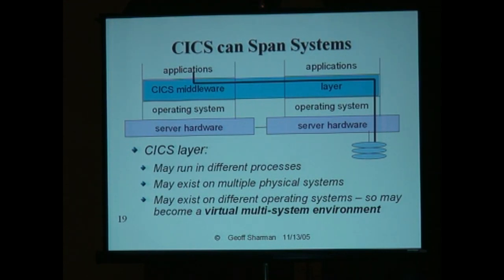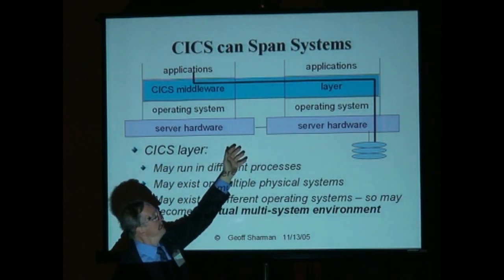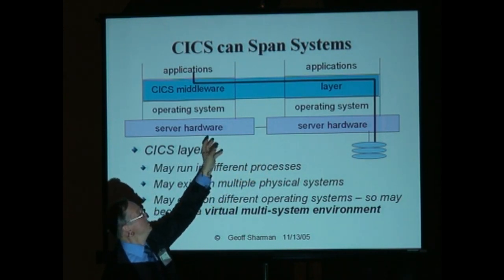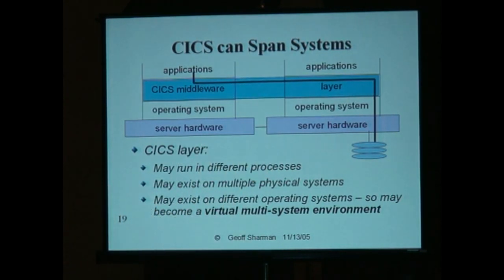It can be reconfigured by the system programmer at any time, and that means that the CICS layer can run on different processes, not only between two separate pieces of hardware, but also different address spaces within a single system. So the CICS layer can run on different physical systems and different operating systems, so it becomes a virtual multi-system environment. And when you write a CICS application, you're not writing to a particular box, you're actually writing typically to a virtual CICS environment.